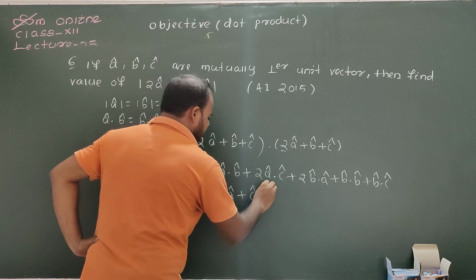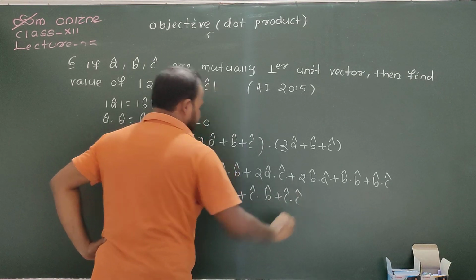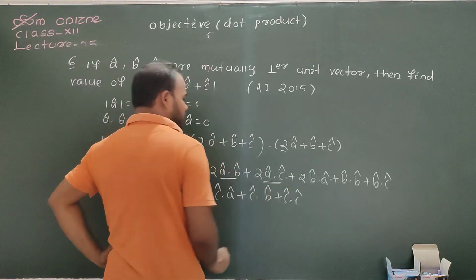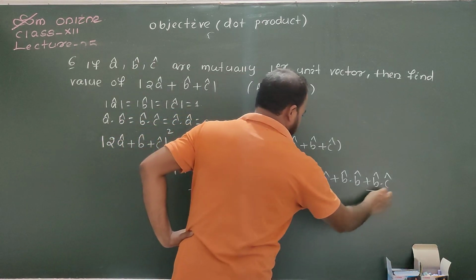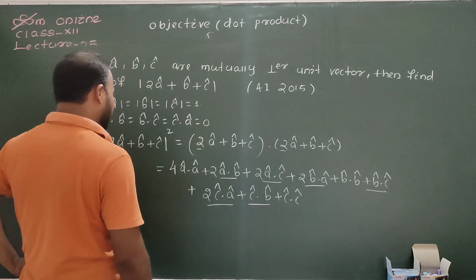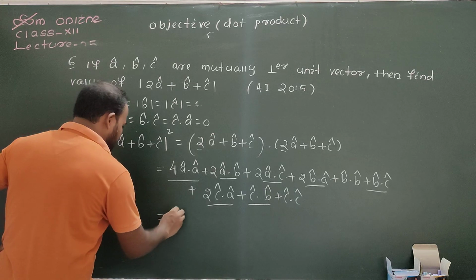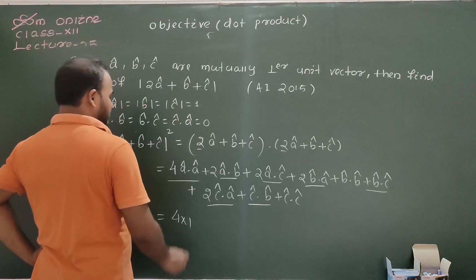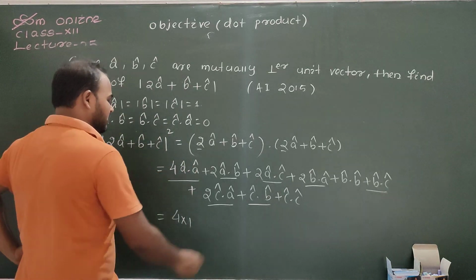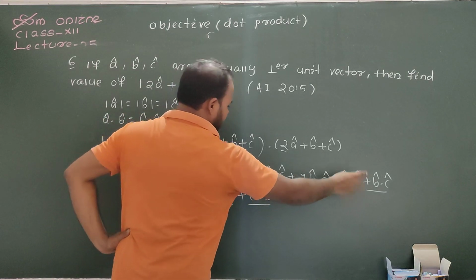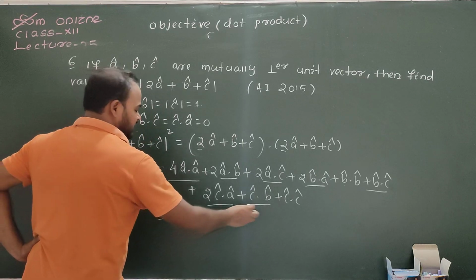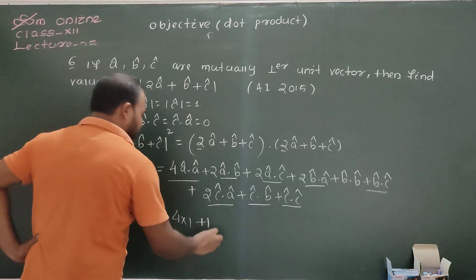Here we know that a cap dot b cap is 0, a cap dot c cap is 0, b cap dot a cap is 0, b cap dot c cap is 0, c cap dot a cap is 0, c cap dot b cap is 0. So the remaining terms are 4 into a cap dot a cap, which is 4 into 1, since a cap dot a cap is the magnitude of a squared, that is 1. b cap dot b cap is magnitude of b cap squared, that is 1, plus c cap dot c cap is magnitude of c cap squared, that is 1.